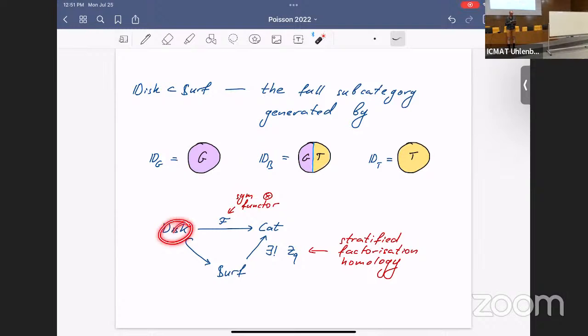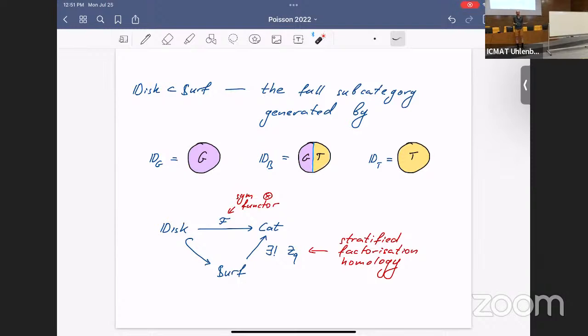Right now I have an embedding of the disk category inside surfaces, and if I have such a functor from disks to presentable categories, then by some abstract nonsense, which people call Kan extension, or left Kan extension, you have a unique functor, which is called stratified factorization homology. Right? So as long as I specify what happens to the disks, some universal construction tells me how to assign a category.